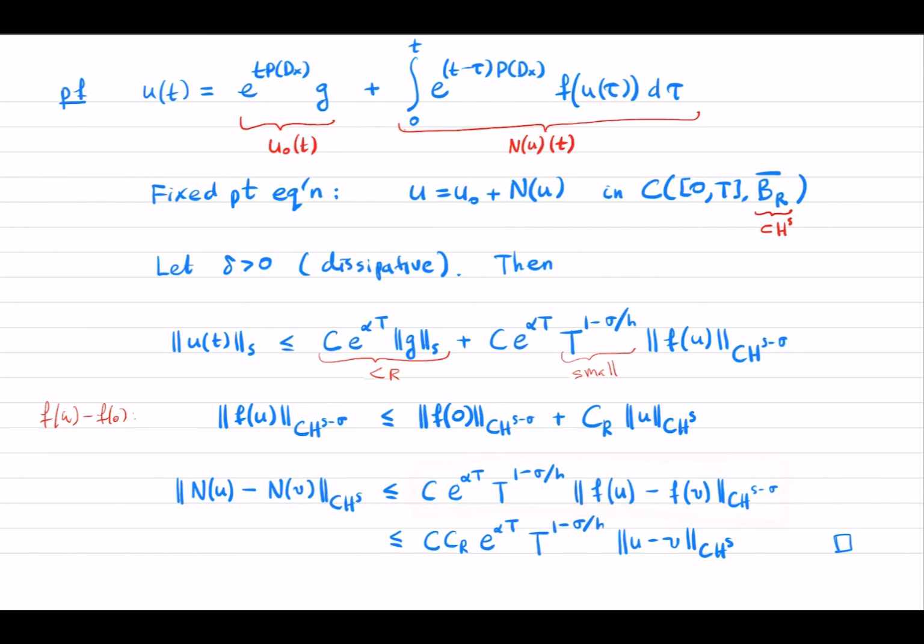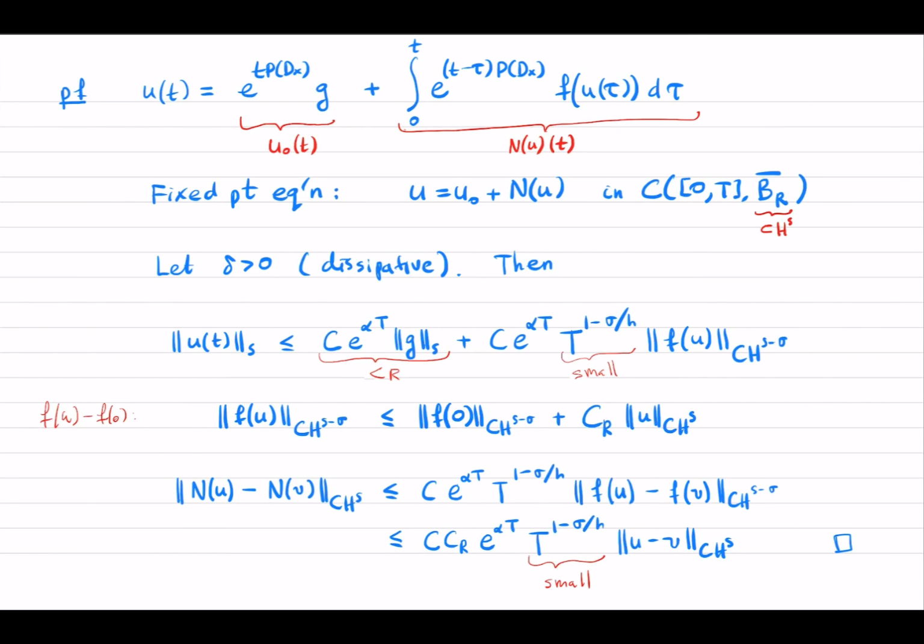This is the estimate that we proved last time. And in turn, we're going to use now the locally Lipschitz property of F. And that gives us the bound in terms of U minus V. So you can see that, again, here we have something small, or can be made small by choosing capital T small. So it can be made a contraction.